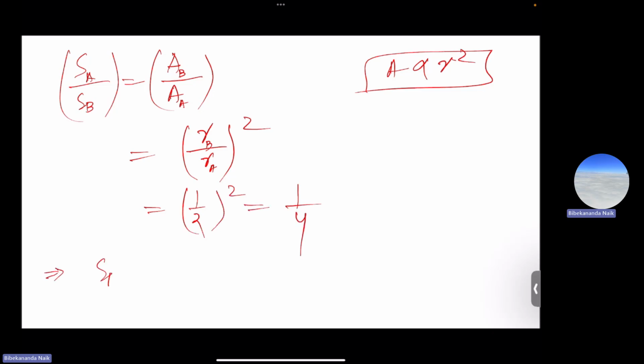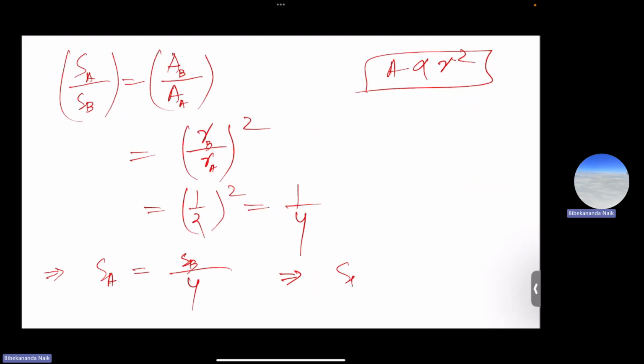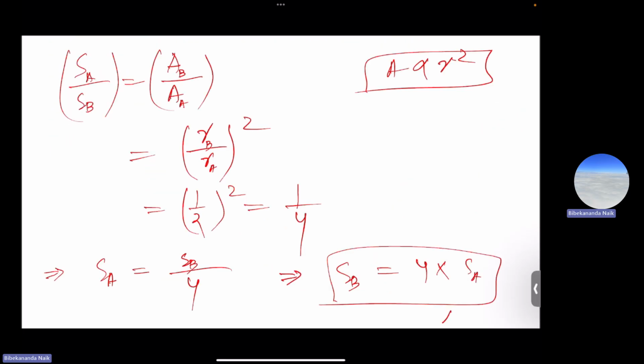So the stress on A equals stress on B by 4, or the question says the stress on B will be 4 into stress on A. So the correct answer will be option B, that is 4 times that on A, because the area of A is more. Since stress is inversely proportional to area, the stress will be more on B and less on A. So I hope this is clear to everyone.